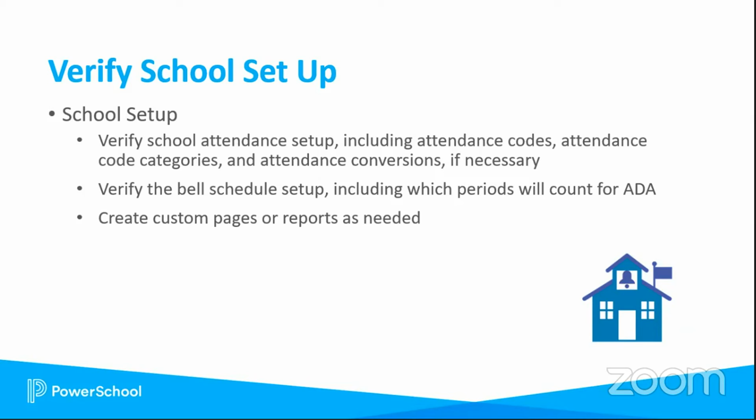So your students have to be present 51% of the day, whatever the length of the day is, in order to be considered present. And your conversions are set up that way, using percent time to day conversion.